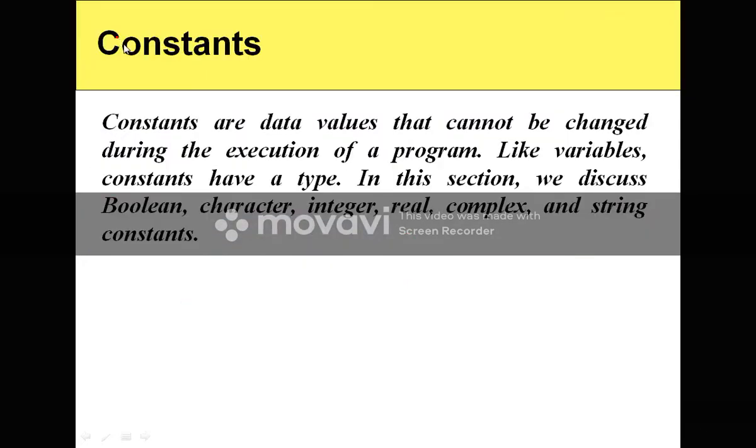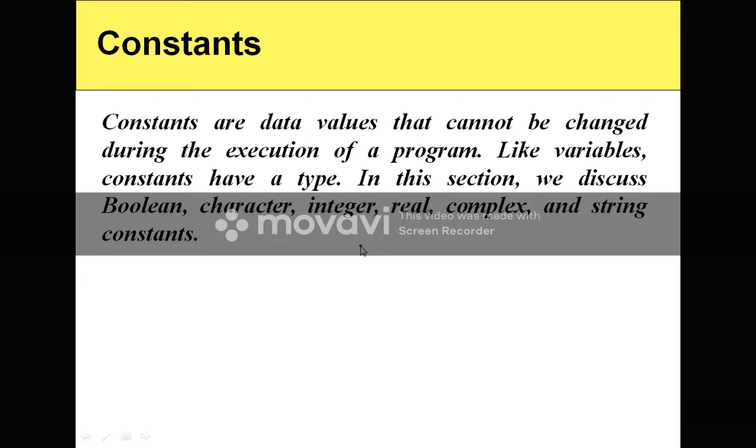Constant. A constant is used to store a constant value which cannot be altered throughout the program. Consider if we want to write a program to calculate the area of a circle. To calculate the area of a circle we require the pi value, and that pi value is 3.14, which will be constant throughout the program.